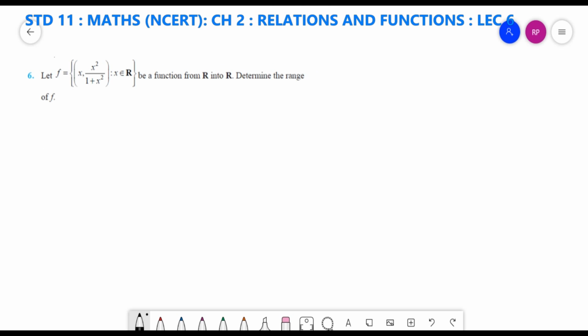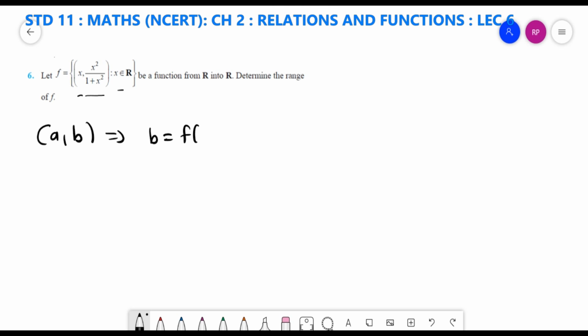Question number 6. Let f of x equal to x square upon 1 plus x square, where x belongs to R, be a function from R into R, meaning from R to R. Determine the range of f. Remember, when I am writing A, B like this, it means B is equal to f of A. This is the value of the domain and this is the function of A. Clear?